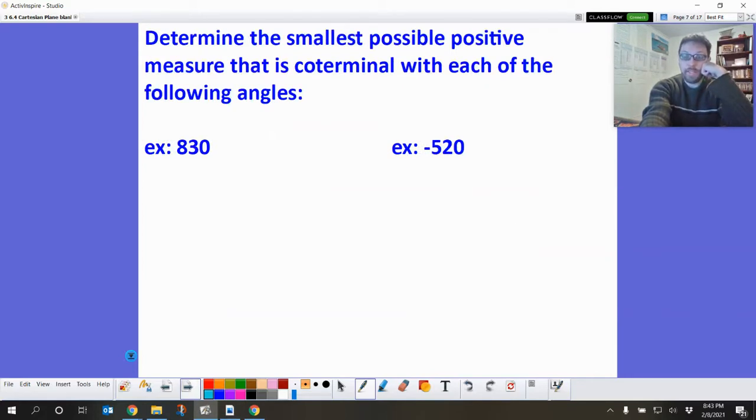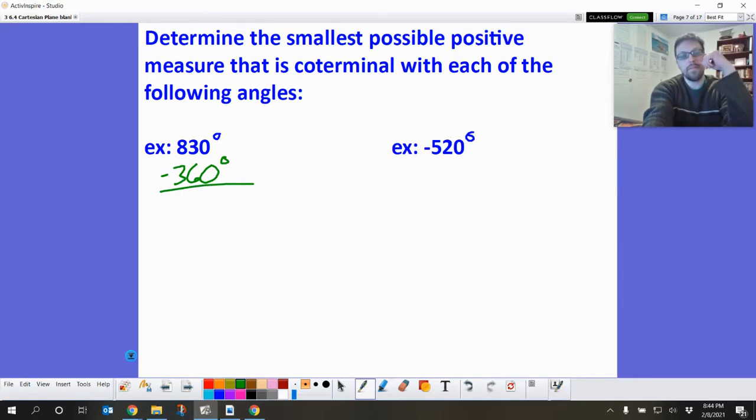So next, we will be doing a lot of that stuff of like, oh, man, this 830, it's real big. Could we make it smaller? Yeah, we totally could. 830, I want to get that down. I want to make it so that it's a positive value, as small as possible positive value. So something between 0 and 360. So we need to do 830 minus 360 degrees.